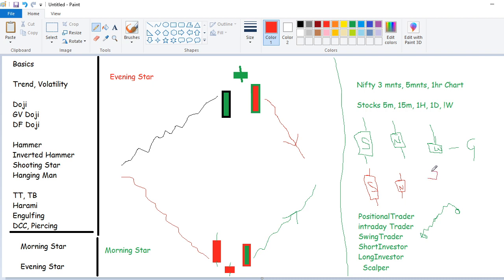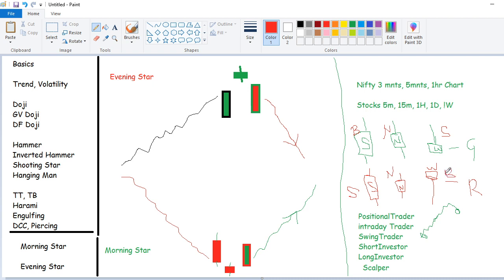Even though it's a red candle, if at the bottom side there is a big wick, that means this is a weak candle among red candles. So this is a bull candle, clear. This is a neutral candle, but this is a seller candle. This is a buyer candle and this is a seller candle. Even though it is green, this is slowly turning into selling mode. And here, this is a selling candle, this is a neutral candle, and this is a buying candle.